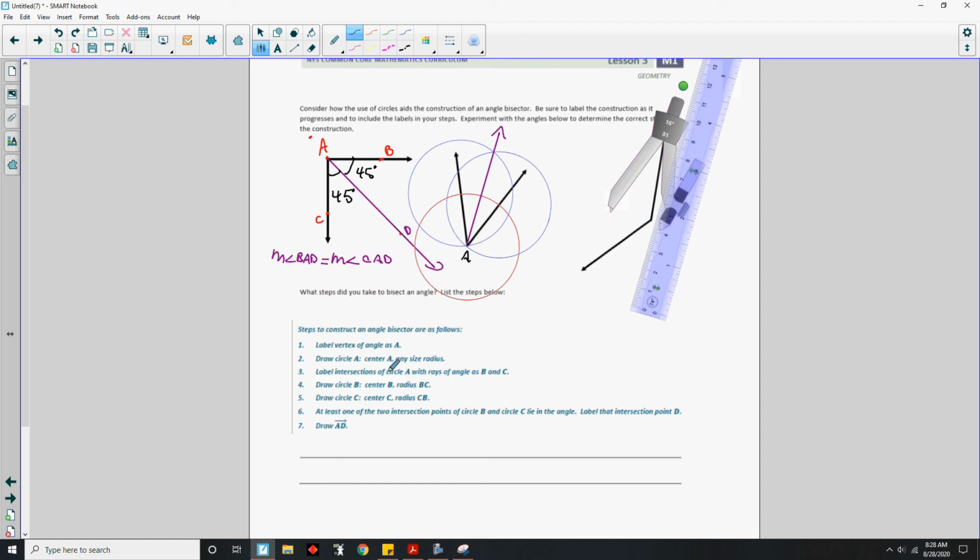So I label intersection of circle A with ray angles B and C. So this point right here would have been my B, this point here would have been my C, and this point here is my D. So then I erase the circles.